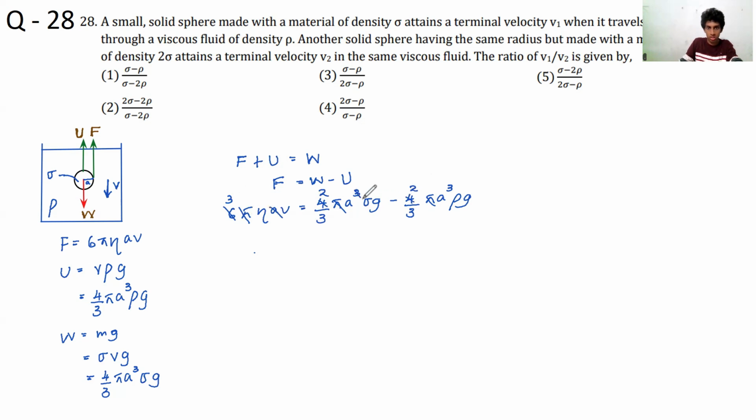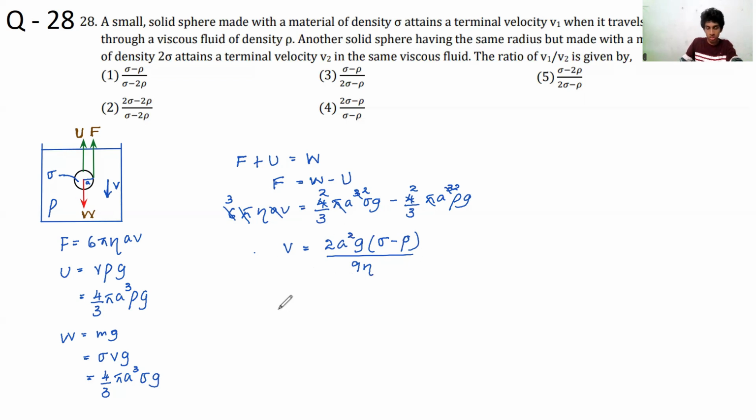And we can cancel A, and therefore V is equal to 2 A to the power of 2 into g into sigma minus rho over 9 eta. So this is the expression I told earlier. So if you know this expression, you can directly start from this step. But if you don't know this expression, you should derive that.